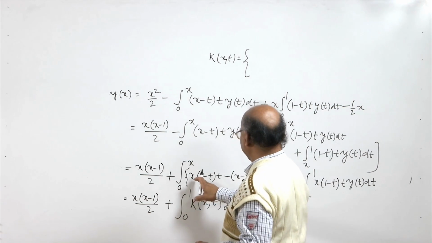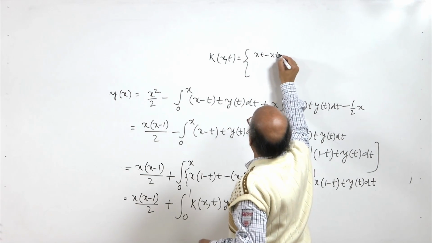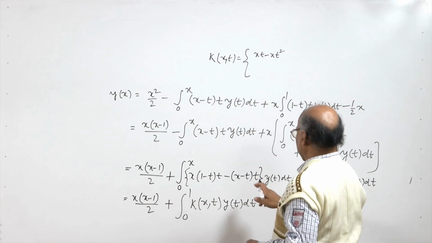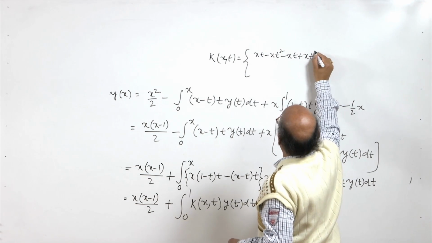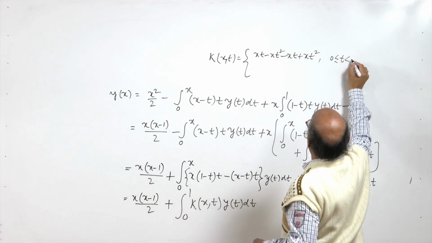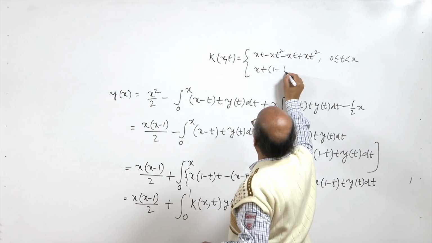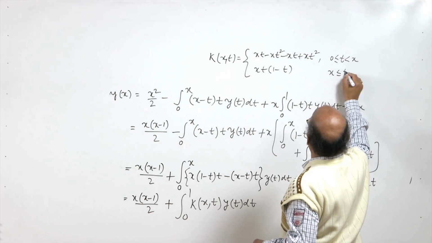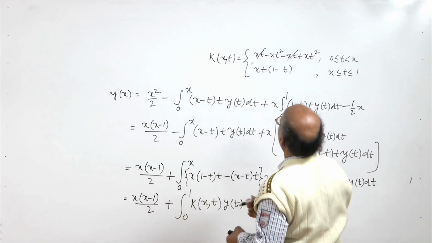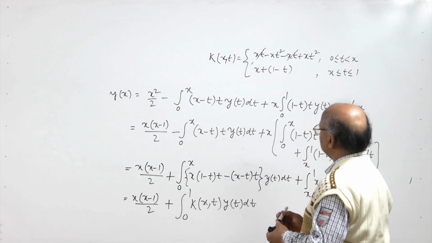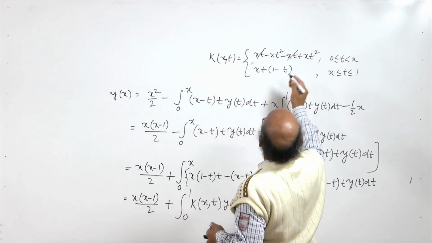So if you simplify it, we have xt minus xt square, and here we will have minus xt plus t square, when 0 is less than or equal to t less than x, and this will be x into t into 1 minus t when x is less than or equal to t less than or equal to 1. So this xt and this xt cancel.